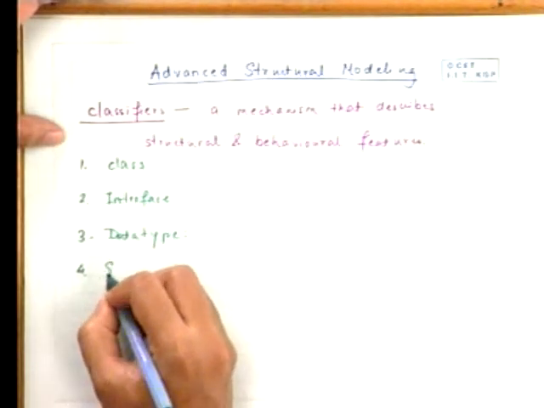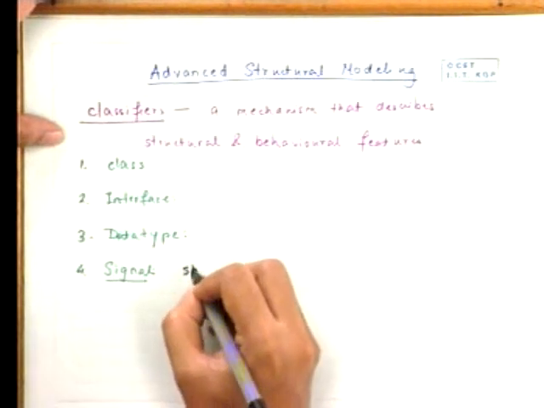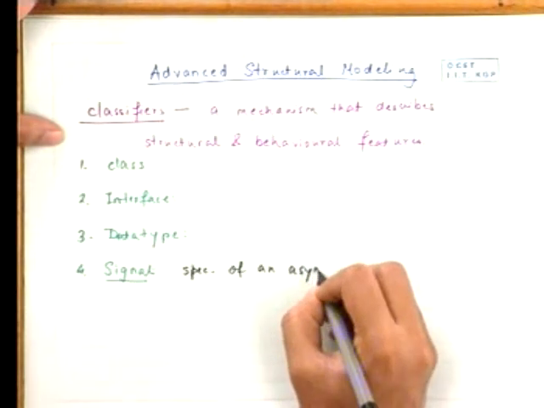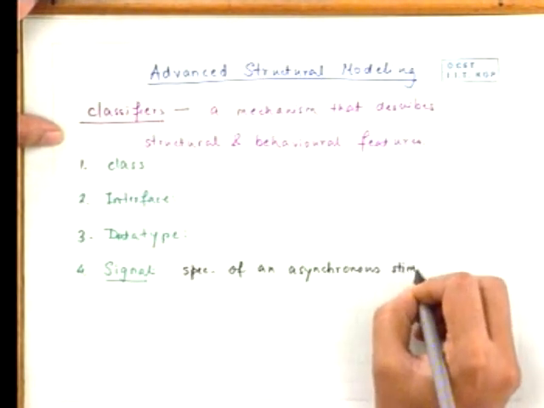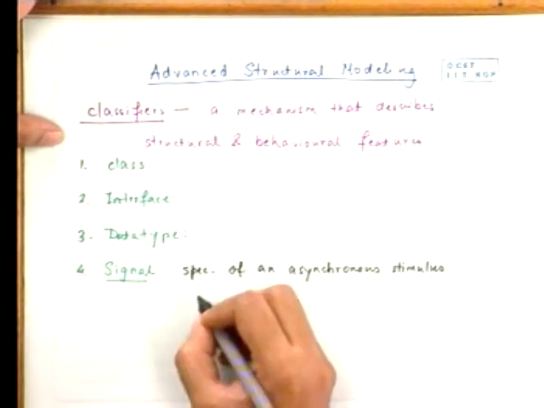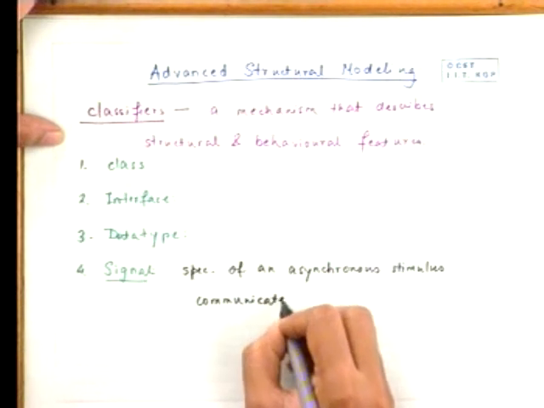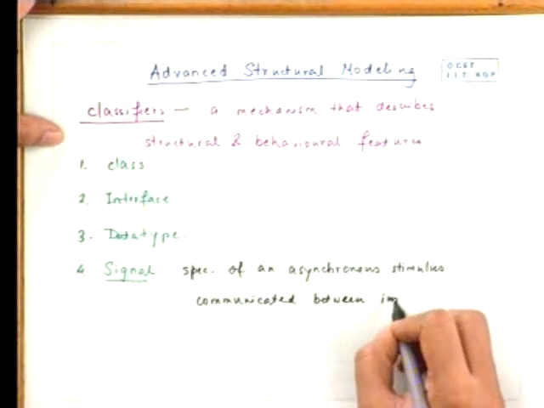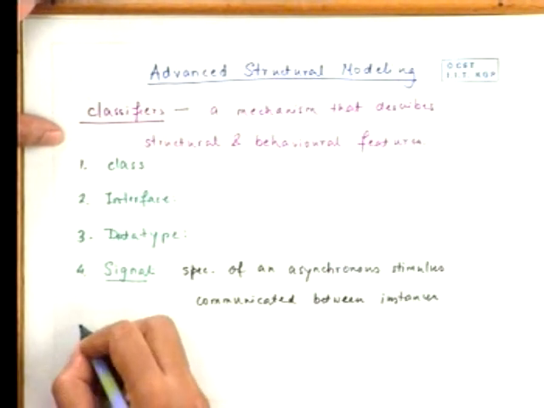Data types include primitive built-in types like integer, as well as other types like enumeration types, etc. Fourthly, we have signal. Signal is the specification of an asynchronous stimulus communicated between instances. Fifth, we have components.